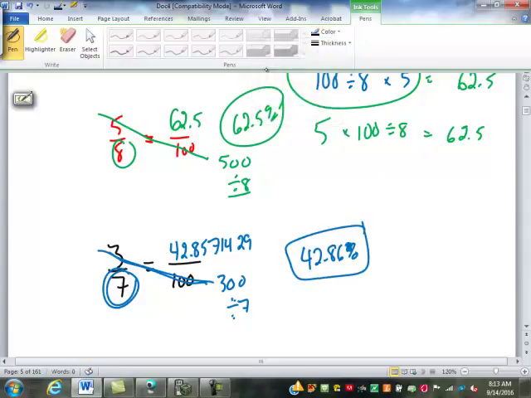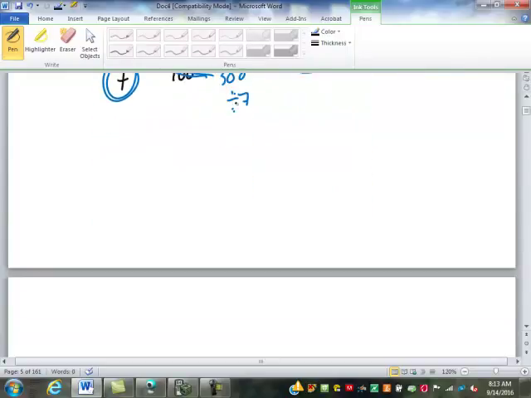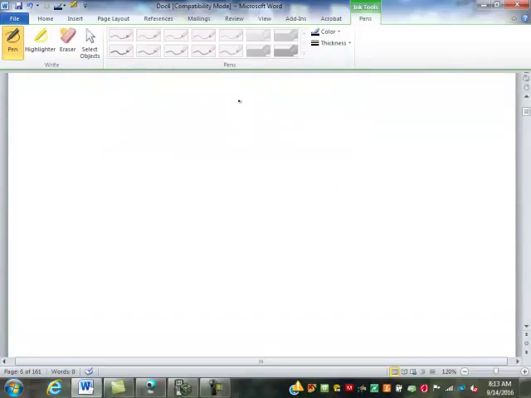Now I mentioned the idea of benchmarks for like the 1% and the stuff. When I'm doing percents, I keep benchmarks in mind. Let's say I have the number 480. 10% is 10 out of 100, or reduced to 1/10.